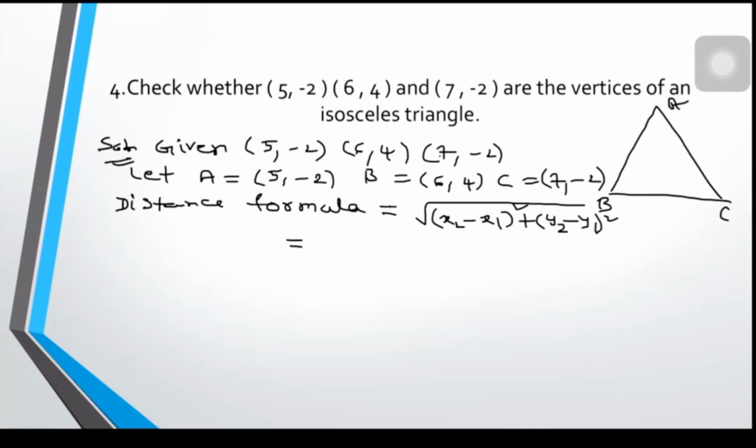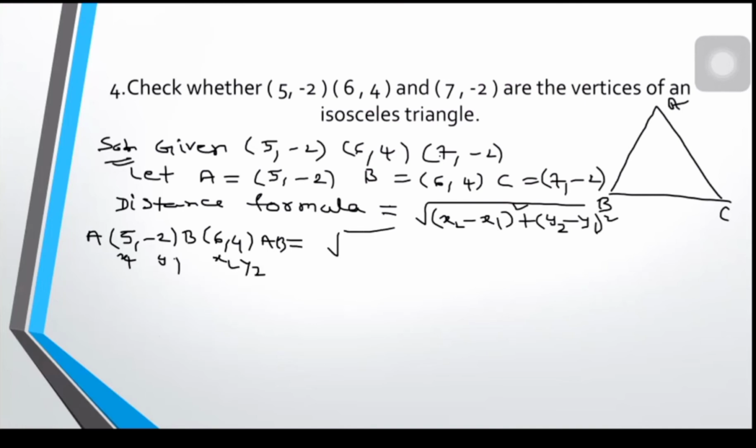A point 5 comma minus 2, B point 6 comma 4; x1 y1, x2 y2.